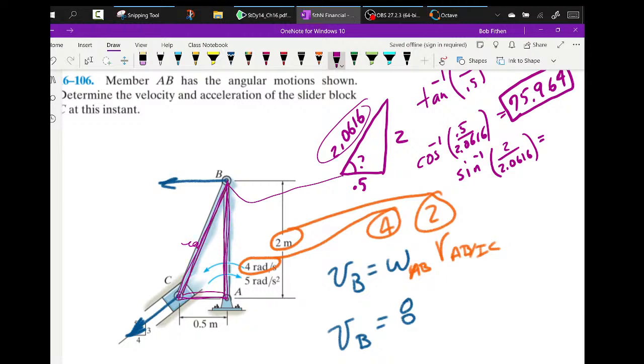So knowing that, I can start operating off of some information on this triangle. Mainly, this is 90. This is the other angle.